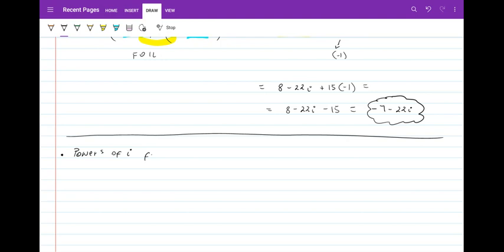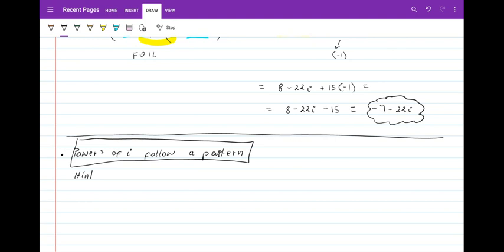They follow a pattern. Okay, so this is important. And here the hint is that the powers of i repeat with every fourth power.